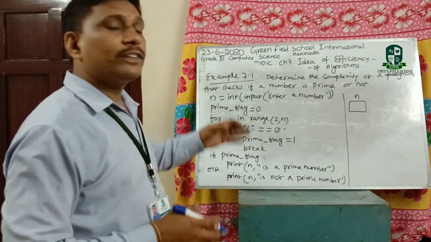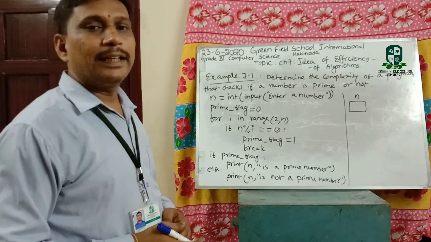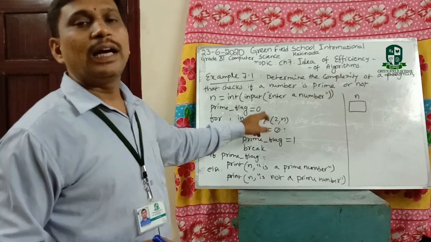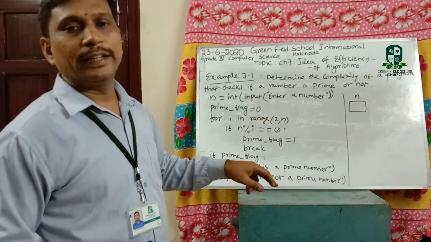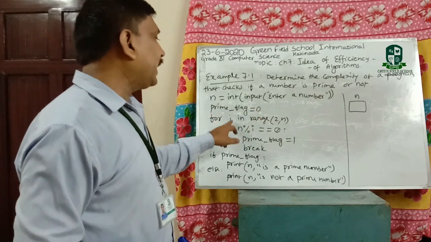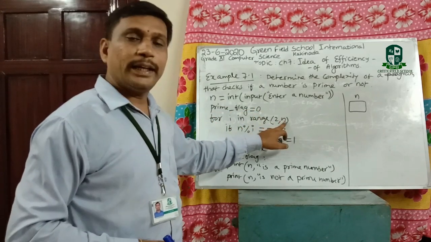After the calculation, you check whether the final prime flag is equal to 0 or equal to 1. Initially we set it to 0. So for i in range 2, n. Why?